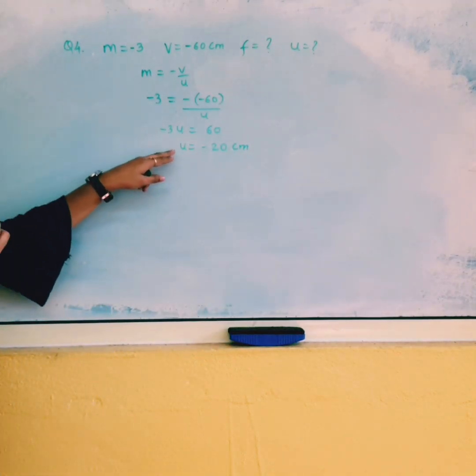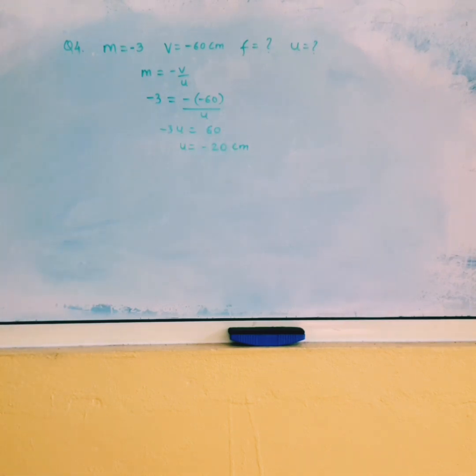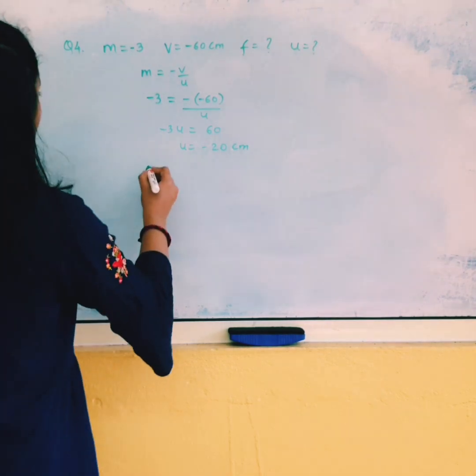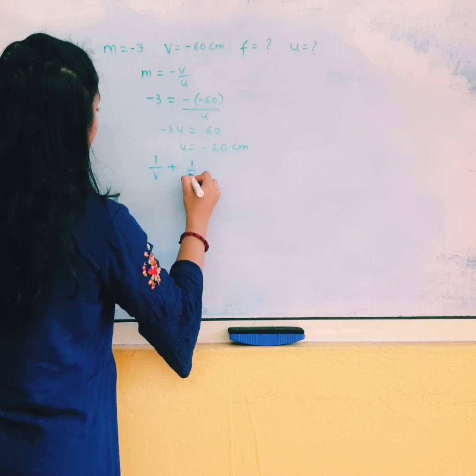We calculated the object distance, which is negative 20 centimeter. Okay. Now we are asked to calculate the focal length. So let's use mirror formula.